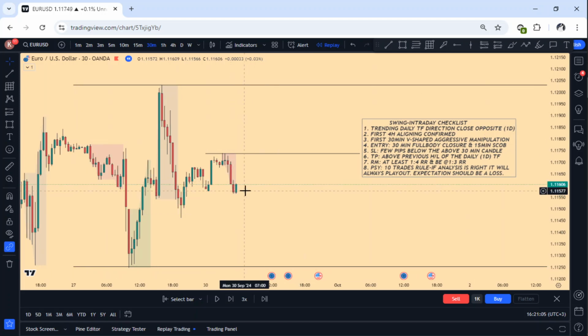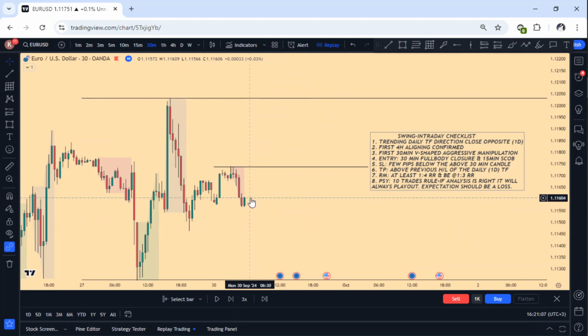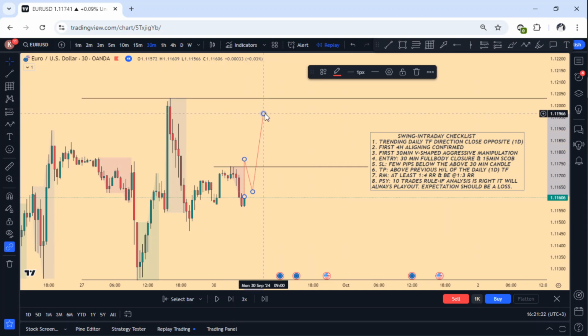Now that is a full body candle closure, but just know that it is low probability and it could easily be wicked out. The best entry here is to wait for this to be taken. If this is not yet taken, most likely we are going to have a pullback before we continue. But if it was taken first, we are not going to have a pullback.